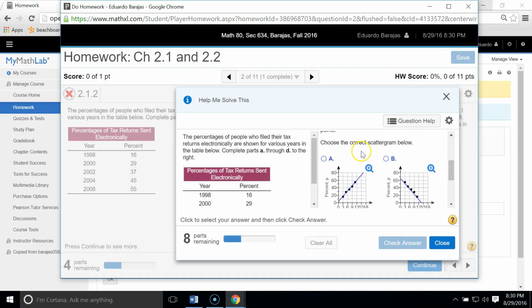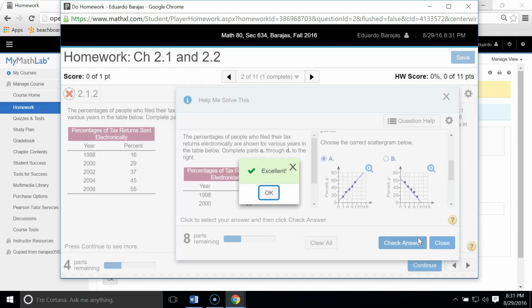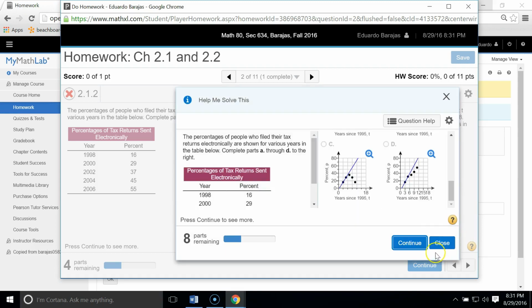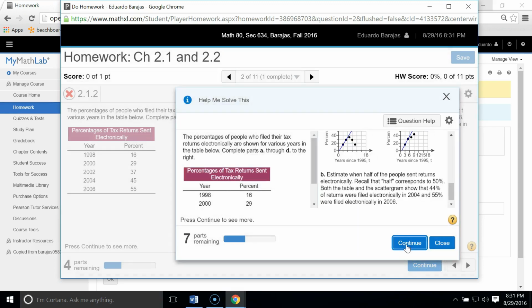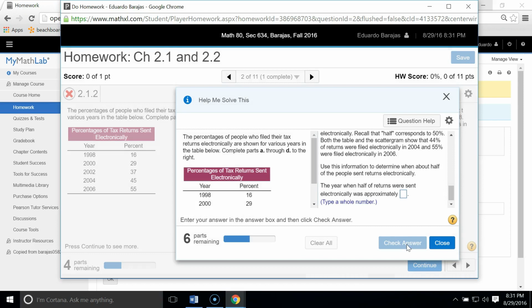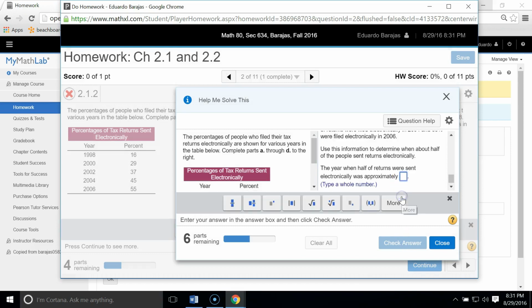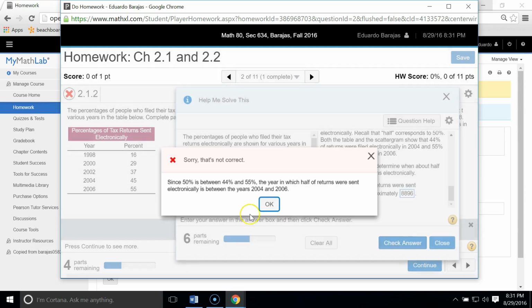From time to time it'll ask you some questions. Choose the correct scattergram. We'll talk about what that is. Maybe it's that one. Check answer. Excellent. All right. Continue. So it'll walk you through the whole process, and hopefully at the end you know what the answer is, which obviously I do not.